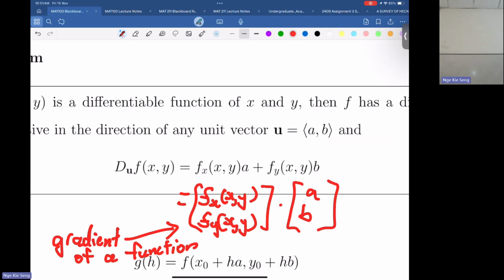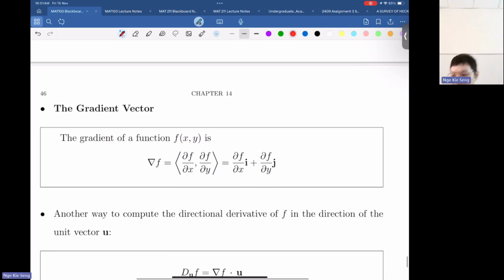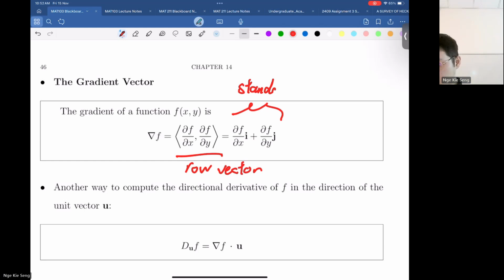In this case it's x, y; if you go to higher dimensions, x, y, z, and so on, it's the basis of your vector space. We define the gradient of f to be the partial of f with respect to x and the partial with respect to y. There are two representations here. One is a row vector, and the other is a linear combination of the standard basis.